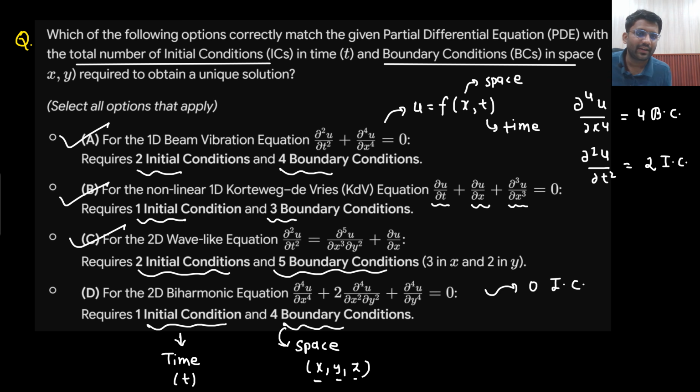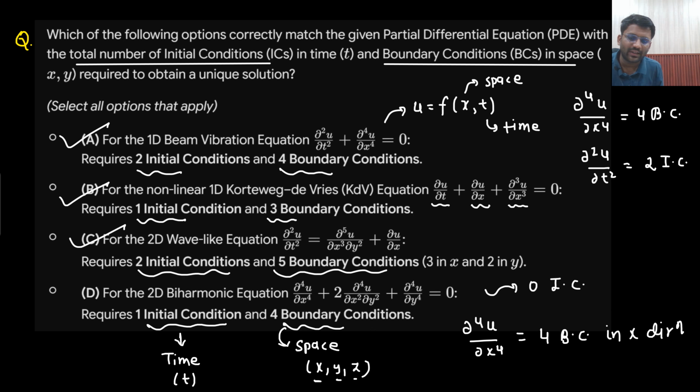With respect to x, it has been differentiated a maximum of 4 times. Someone would say it is differentiated 2 times as well, I don't care. That means it will require 4 boundary conditions in the x direction.